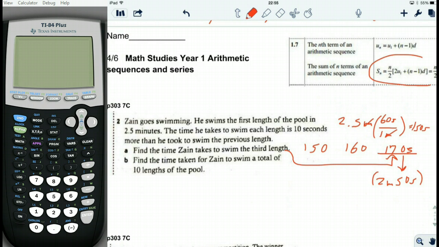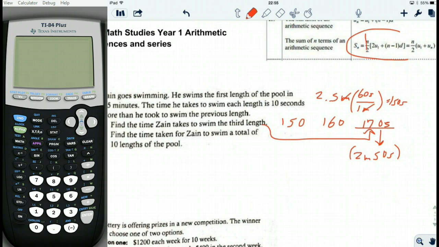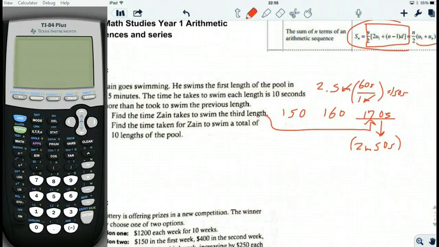And we don't know how long it takes to swim the 10th length so far. So actually the formula that you should use is this one because you don't know how long it takes to do the 10th length. If you want to, you can calculate what U10 is, and then you can use the quicker formula. But just to show how you use it, I'm going to use the bigger formula, okay?